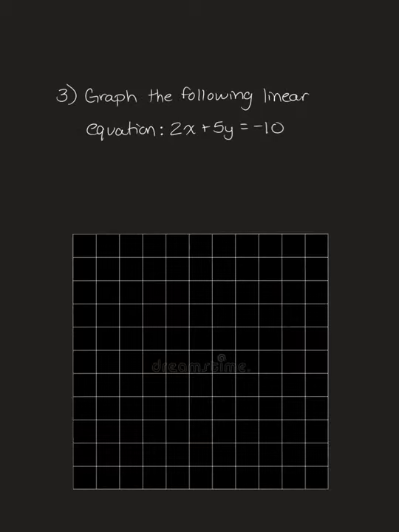The last example is going to be graphing. So graph the following linear equation. Now I'm going to show you 2 ways to do this, and they're both very, very different. So if you look, our equation 2x plus 5y is equal to -10, that is in standard form. So I can graph this using my x and y intercepts.